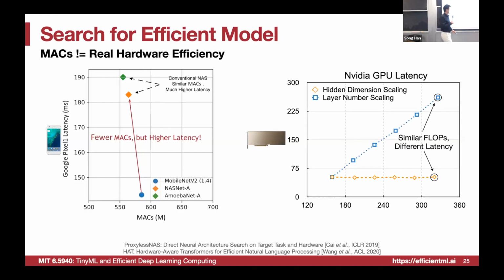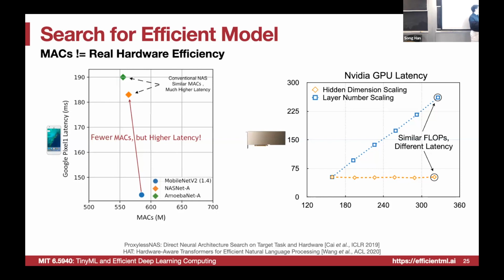Another phenomenon here is that when we are scaling the hidden dimension versus the number of layers, this is the same starting point. When we are expanding the width of the neural network and measure the latency on the GPU, it actually doesn't quite increase because the GPU has such large parallelism, such that even if you are increasing the workload, increasing the channel, it doesn't quite increase the latency.